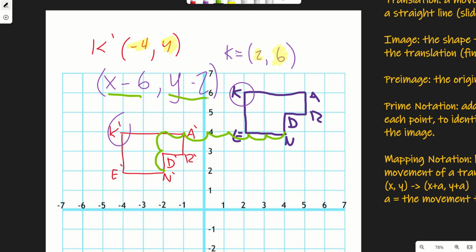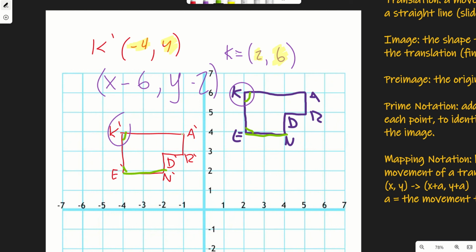Anytime I'm going from one point to another, that's the way I want to figure out my mapping notation. Now, if you look here, all of my angles are the same. All of my side lengths are the same. From E to N, it's 2.